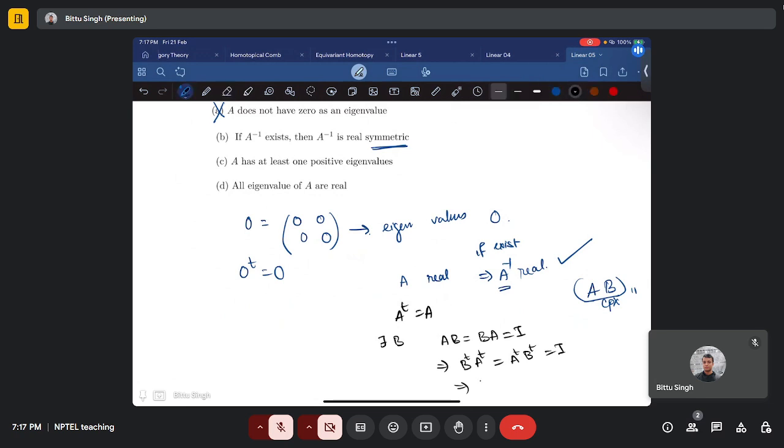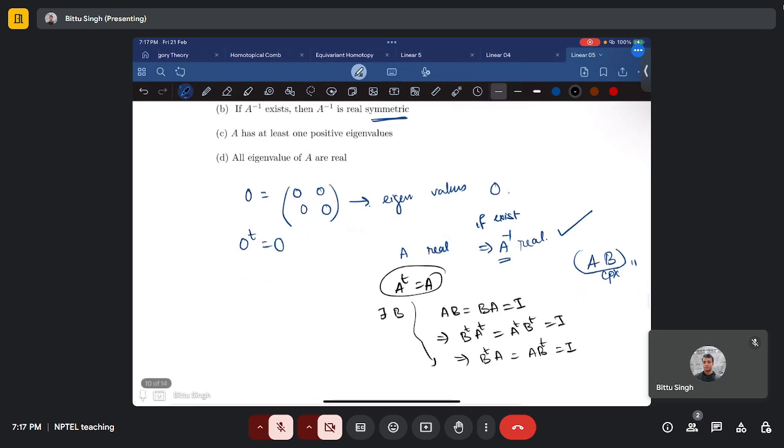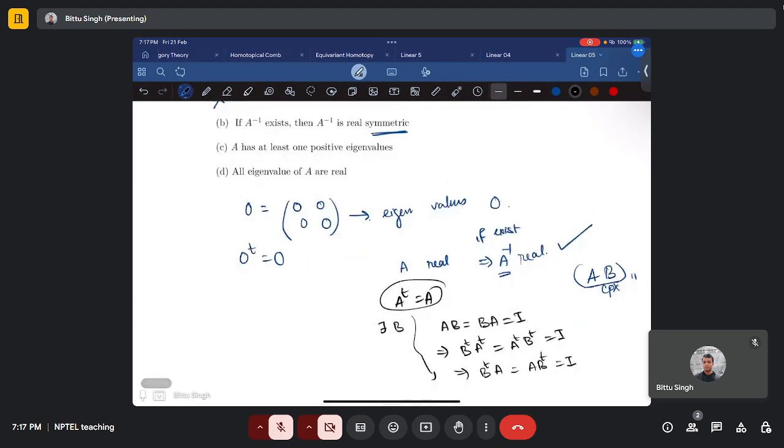It is given that A transpose is the same as A, right? So from here we get B transpose A is the same as A B transpose, which is the same as I. So from here it is clear that B transpose also satisfies the condition.